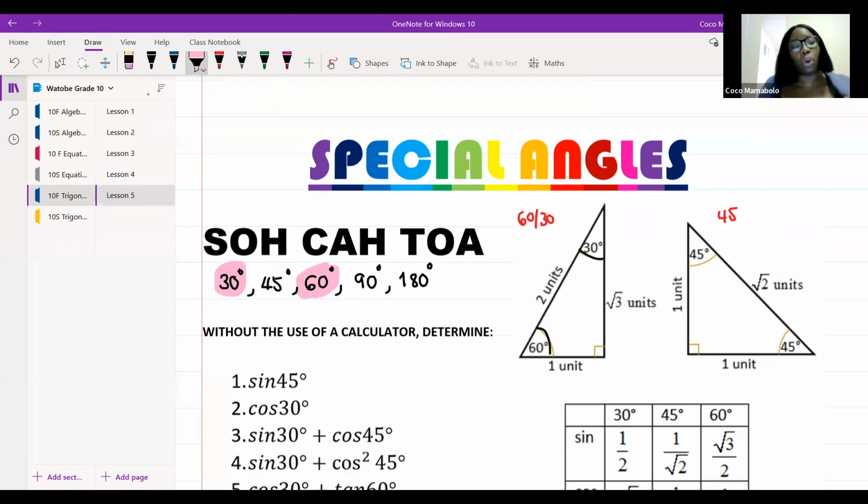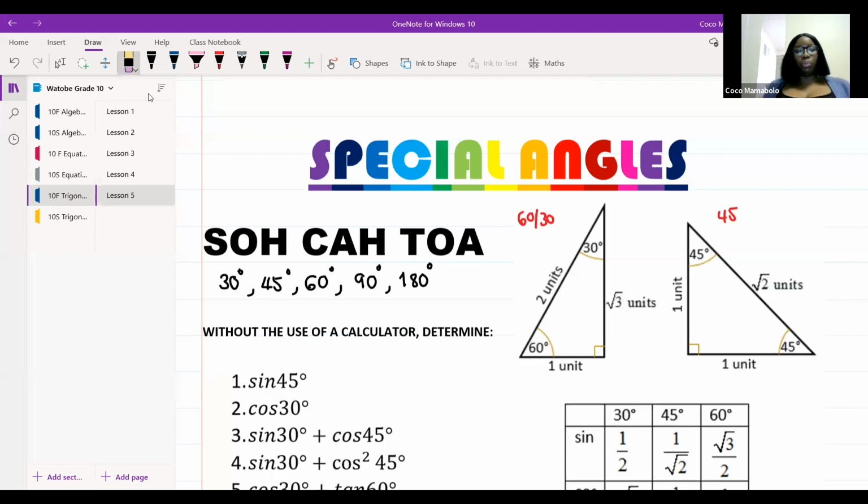So that's why I'm calling it a 60-30. You can call it a 30-60 if you want. It won't make a difference, but we're going to use it that way. Okay. And then my 45-degree angle is also self-explanatory, guys. If this angle over here is 45 degrees, this other angle over here will also be 45 degrees. So we're going to have to commit these to memory.